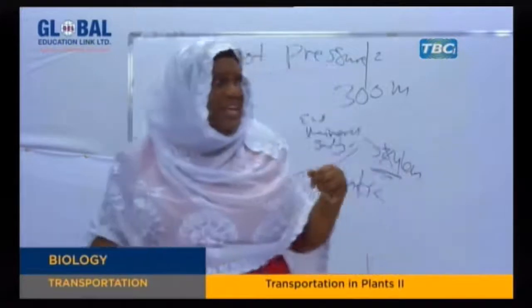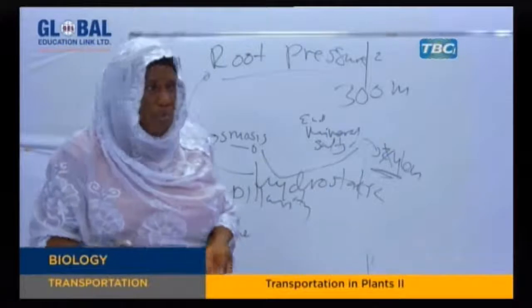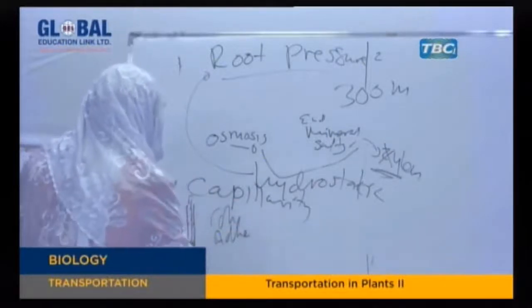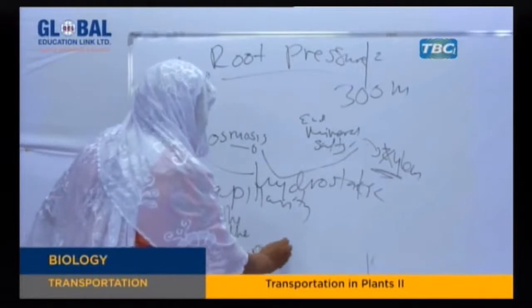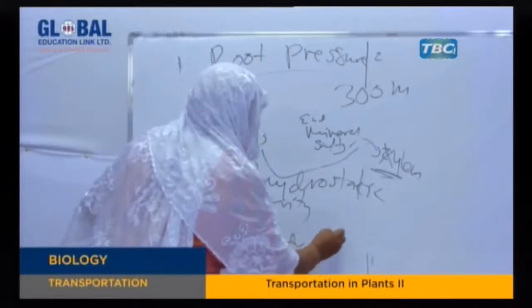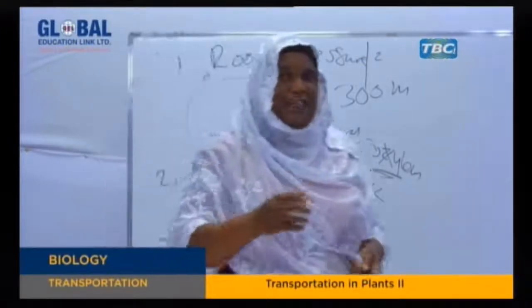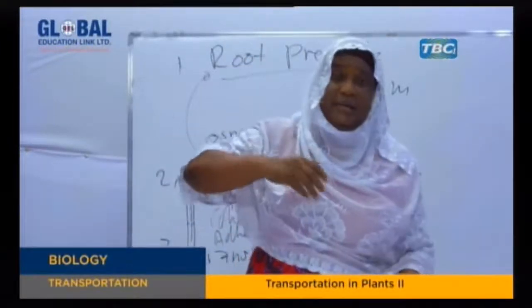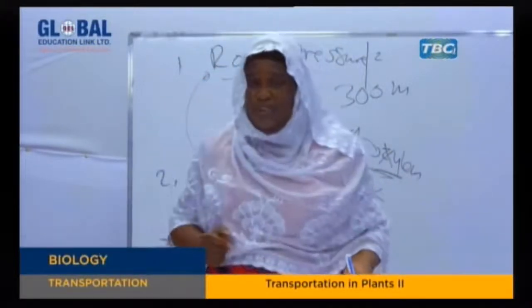That force is what is called the transpiration pull. Transpiration pull originates from above. It means it originates from the leaves, and it is due to transpiration.